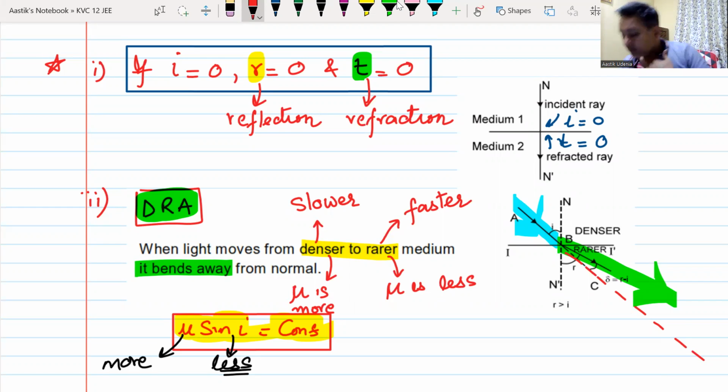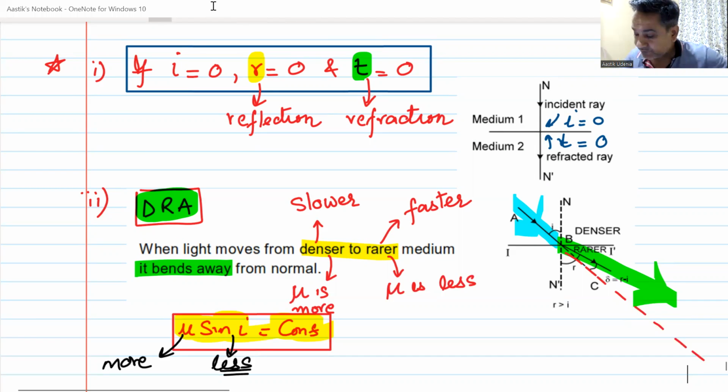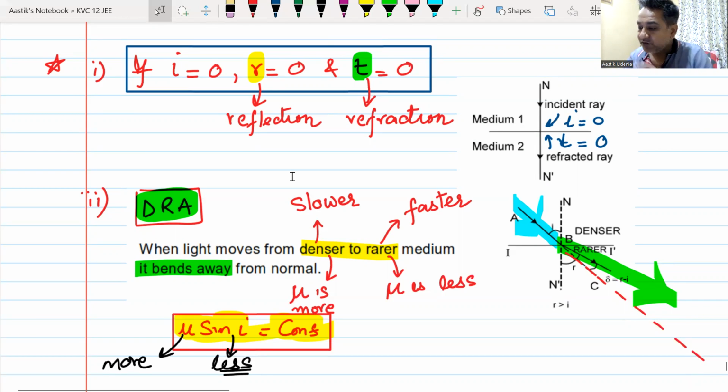Yes, sir. Now, if it bends, then there is something known as deviation. Do you see this deviation here? Where do you see this deviation, my dear friends? Look at this angle delta.